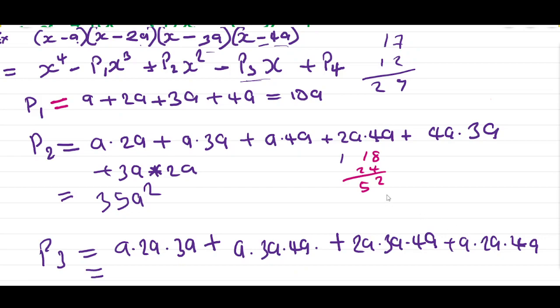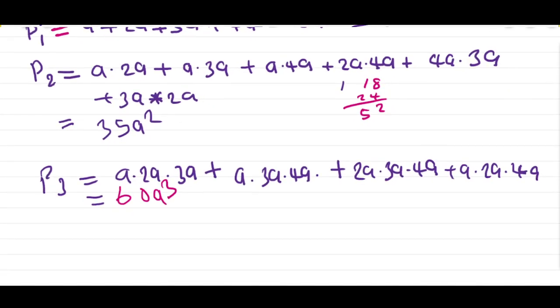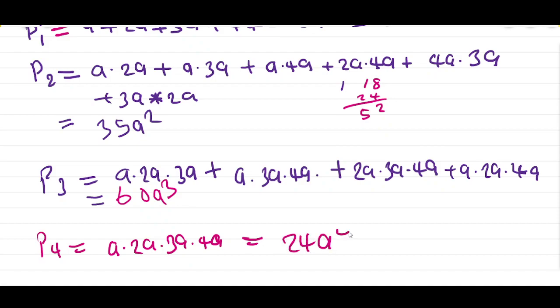So that is 60. Hopefully I'm not mistaken. So this is 68 to the third power. So the P4 is a times 2a times 3a times 4a. So that is 6 times 4, 24. That is 24a to the fourth power.